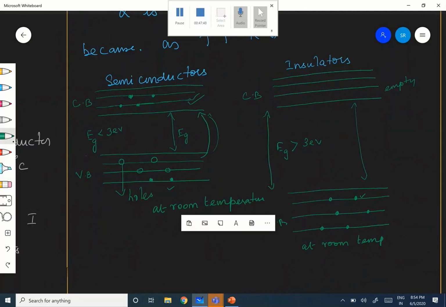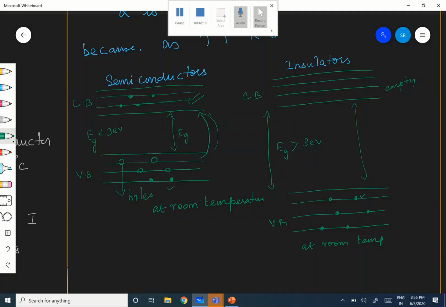If you increase the temperature, what will happen? The electrons get more thermal energy as you increase the temperature, so there is a possibility of more electrons jumping from the valence band to the conduction band, correct? Electrons in the conduction band are the only ones meant for conduction in the case of semiconductors and insulators.